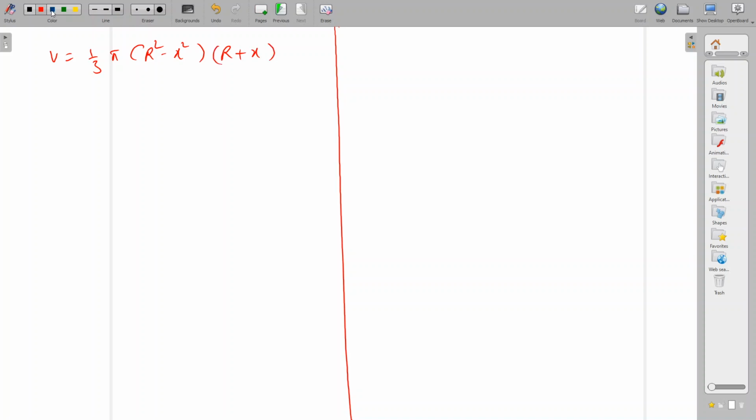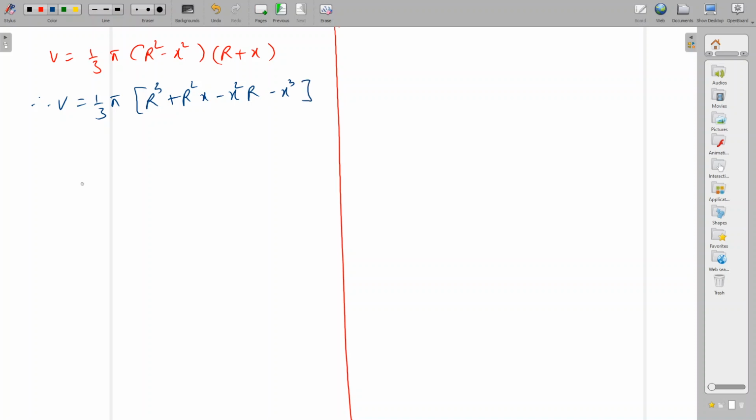So now let us simplify it. Therefore, V equal to 1 by 3 pi, r square into r will give us r cube, plus r square x, then minus x square r and minus x cube.